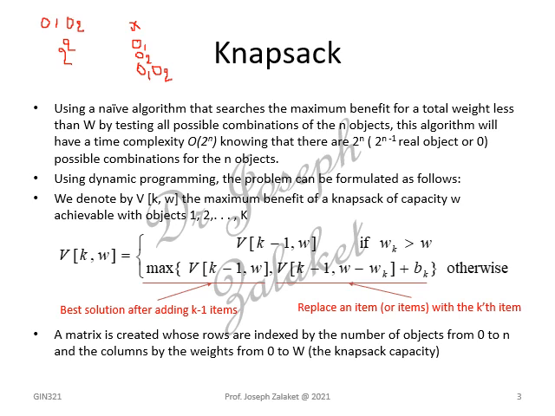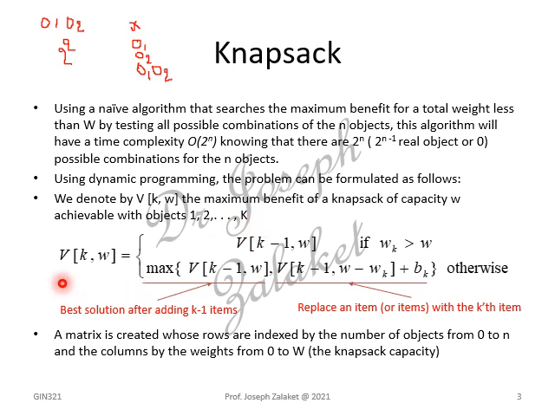Okay, now using dynamic programming, the problem can be formulated as follows. We denote by V(k, W) the maximum benefit of a knapsack of capacity W achievable with objects 1, 2, 3, etc. up to k.